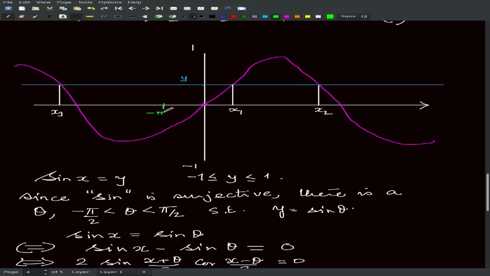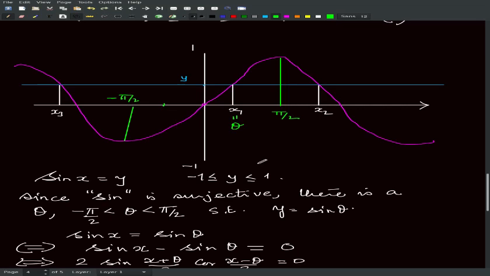At minus pi by 2, it's minus 1. So this point is minus pi by 2 and this point is pi by 2. So this is your theta, right? In this graphical representation, yes, that is correct. So that is our theta.